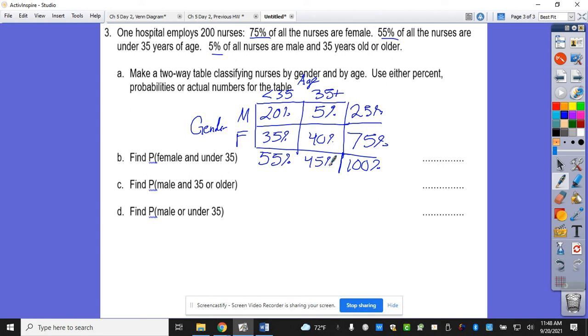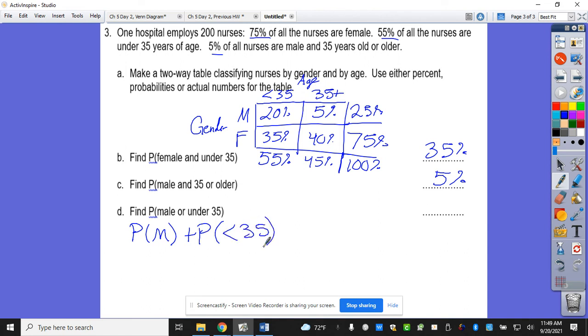So for B and C, I'm just going to write down the answers. What's the probability that female and under 35? 35%. What's the probability of male and 35 or older? 5%. That's one of the ones they actually gave us, I think. So the only one I have to show work for is this one. Probability of male plus probability that they're under 35.